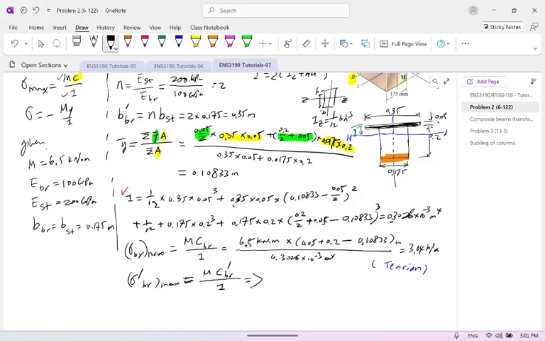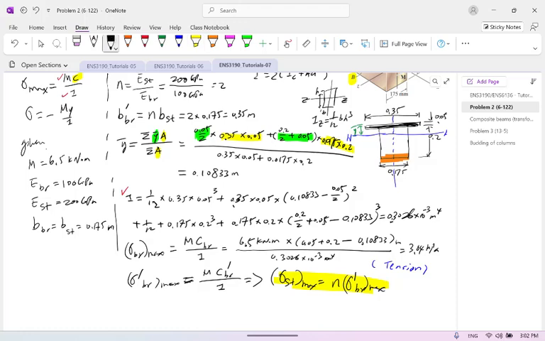So now, of course, we can see sigma steel max is equal to n sigma prime plus max. Clear? So this one is from the equation, so other transformation.